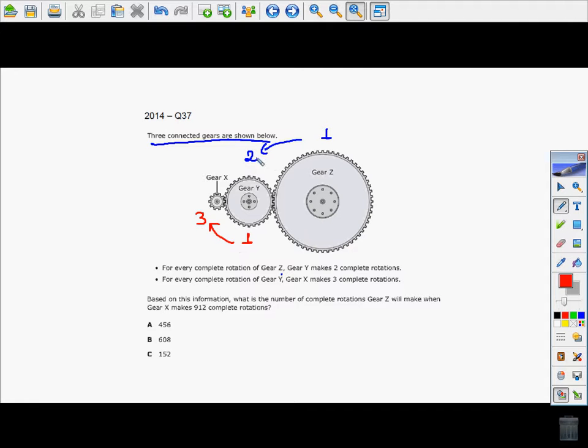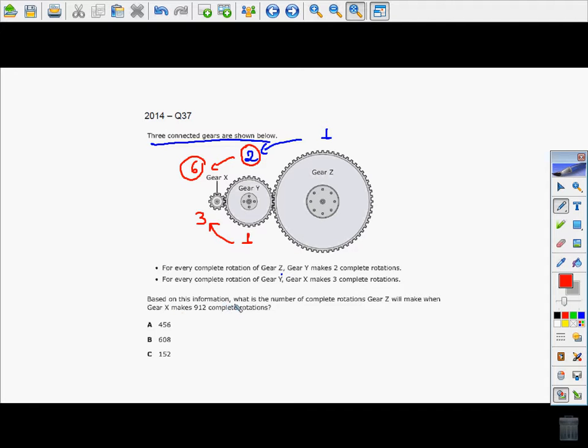So if this one makes 2 complete rotations, this one is going to make 6 complete rotations. So overall, when this one makes 1 rotation, the smallest one makes 6 rotations, and the middle one makes 2 rotations. So let's read the rest of the part.